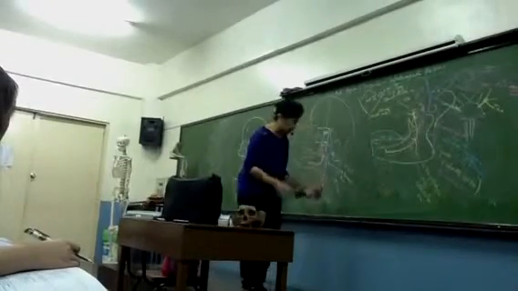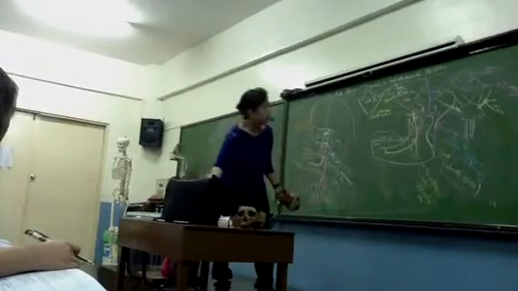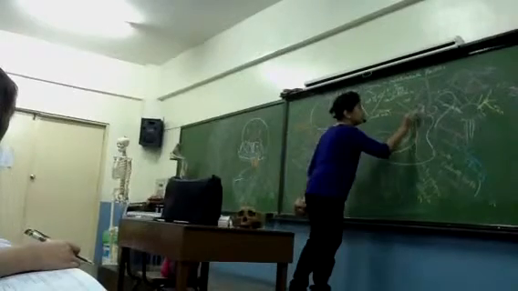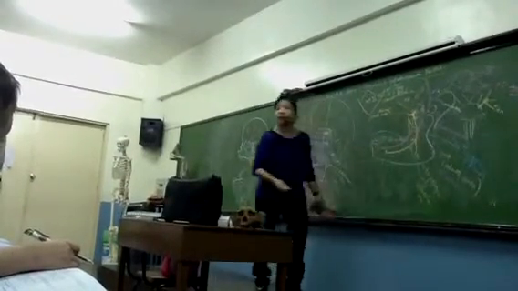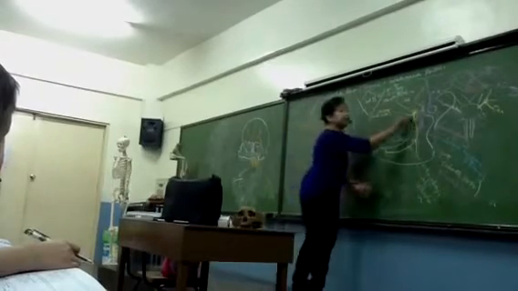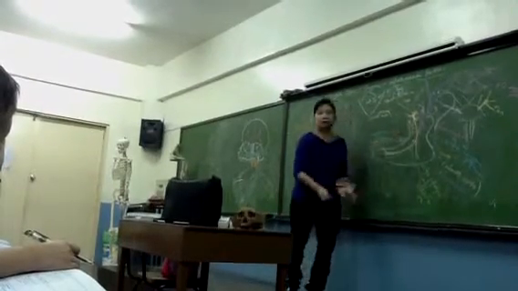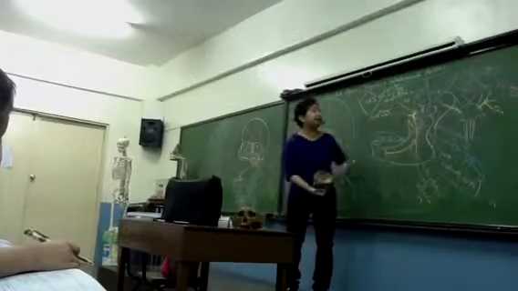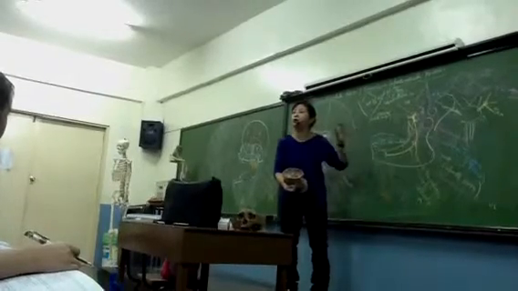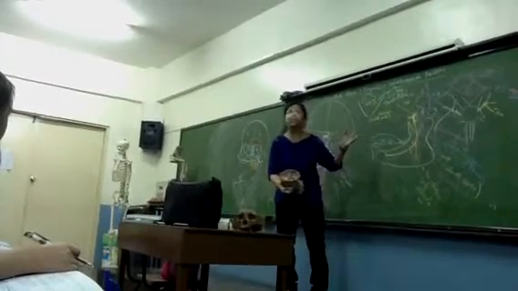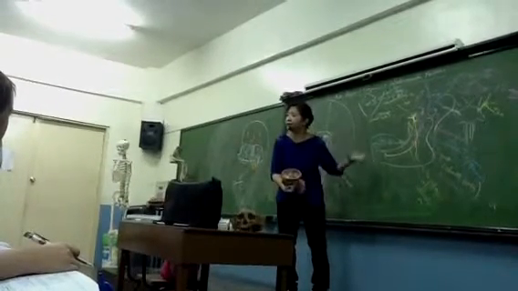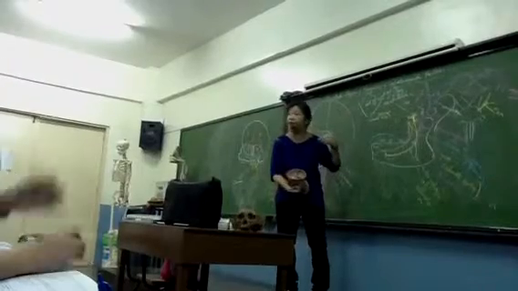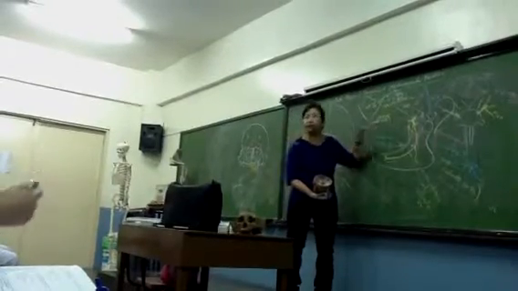Which nerve is that? Mandibular, which divides into anterior and posterior. And the anterior, mostly it will be motor. From it comes the deep temporal, the lateral pterygoid, the masseteric nerve, right? And also the buccal, which is sensory.